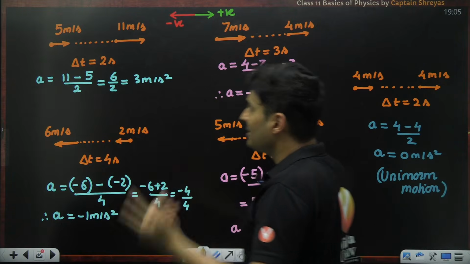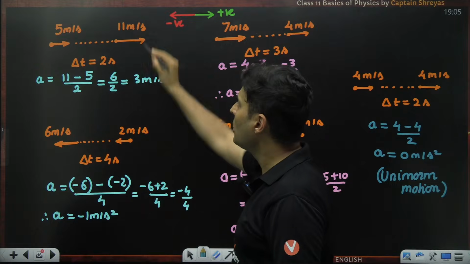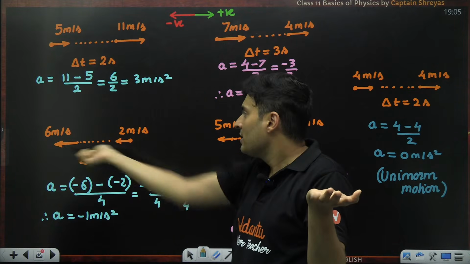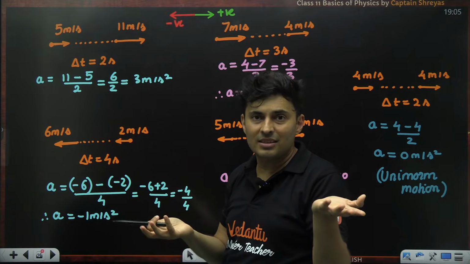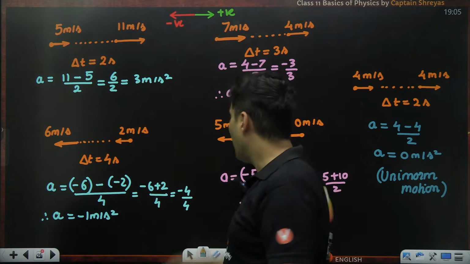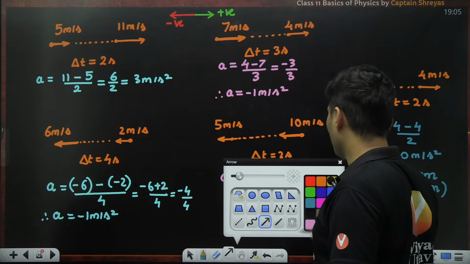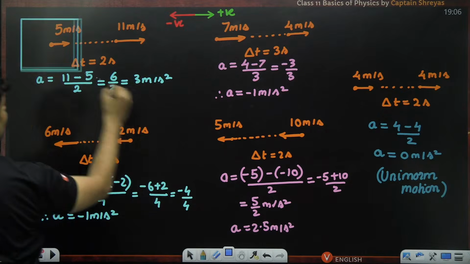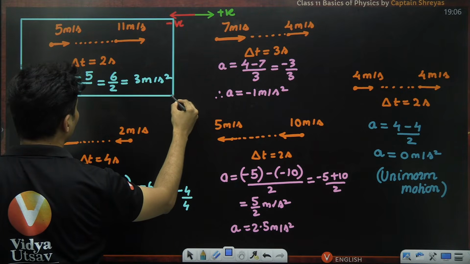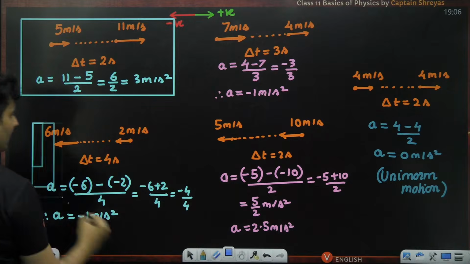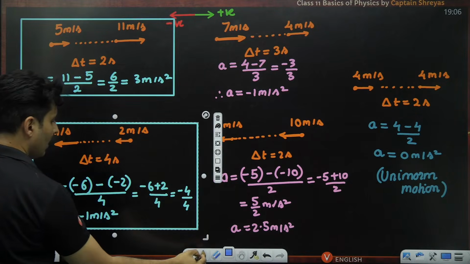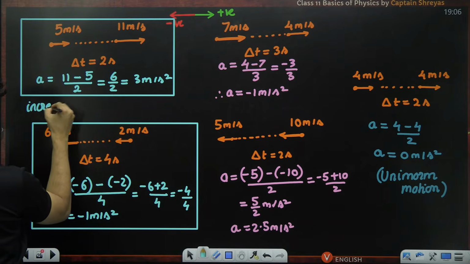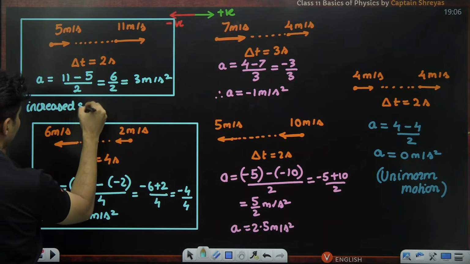So in scenario 1 and scenario 2, it is seen from 5 to 11, you have increased the speed. Here, 2 to 6, you have increased the speed. So both of them are basically accelerated motions. You have increased the speed 100%.